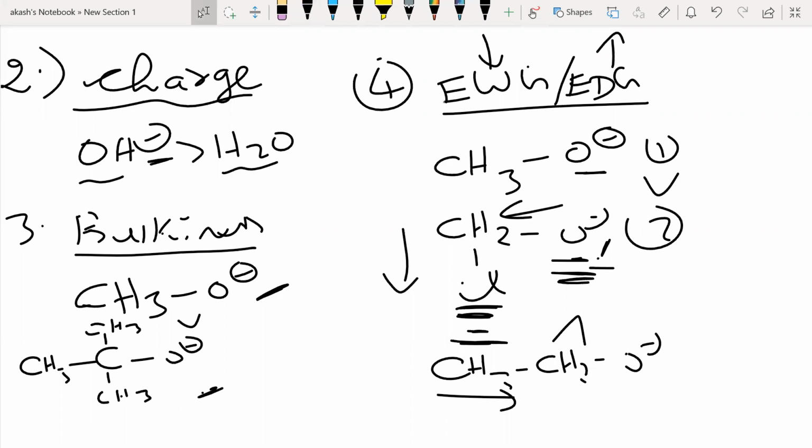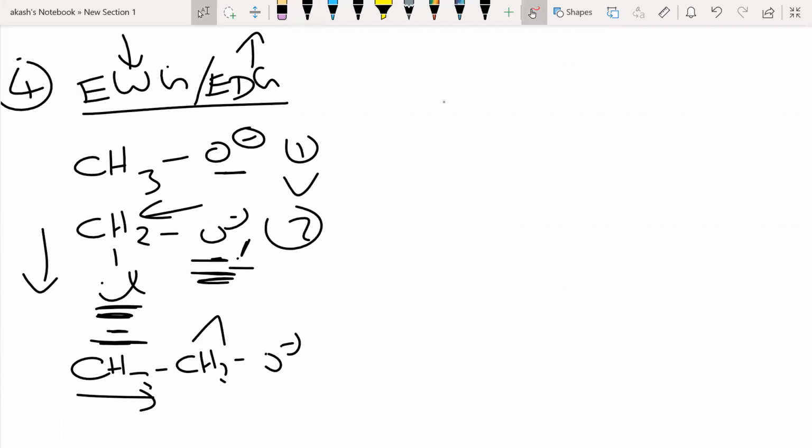Now moving on. The next one is going to depend upon the solvent. Did I miss anything else among this? Yeah, nothing else. So this is the last criteria for us to look into, which is the presence of polar solvents.